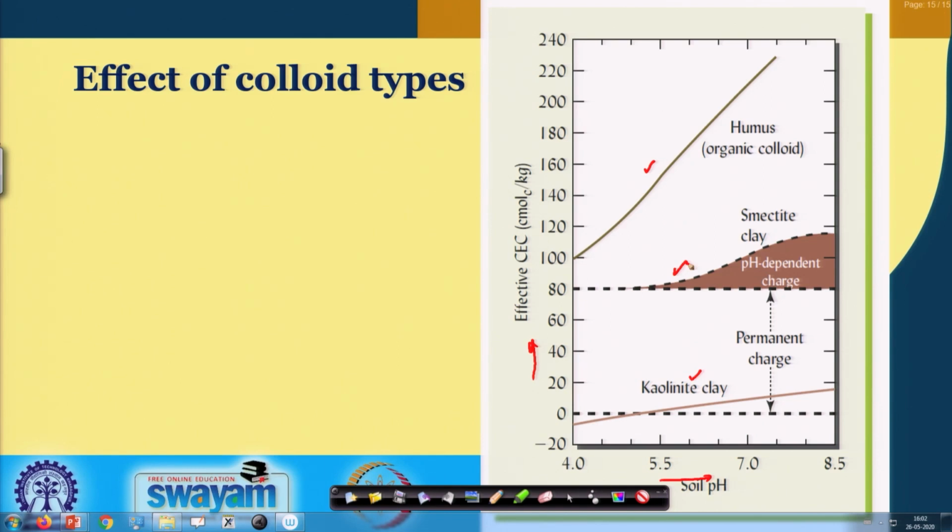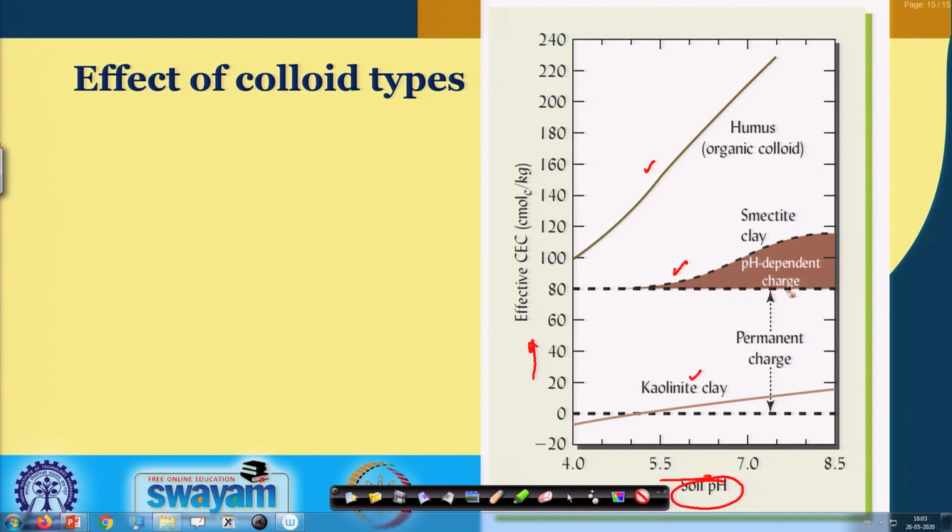Now, in case of smectite, the cation exchange capacity is almost constant up to pH 5.5 to 6, because the negative charge which is responsible for cation exchange capacity in case of smectite type of clay mineral is basically generated from the isomorphic substitution, and isomorphic substitution does not depend on soil pH.